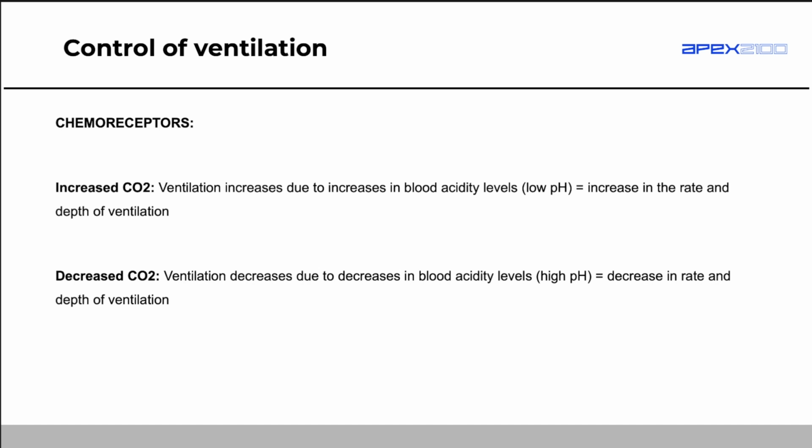If I don't have very much carbon dioxide in the blood and my blood acidity levels are normal, I'm not going to have a very high or deep rate of breathing. I'm going to have a decrease in my rate and depth of ventilation.